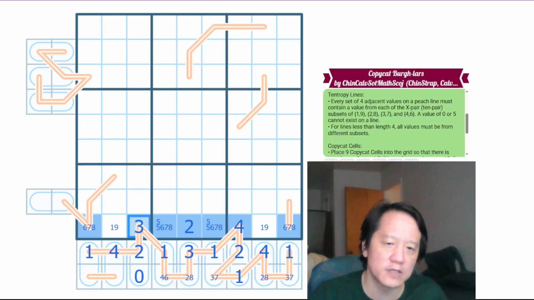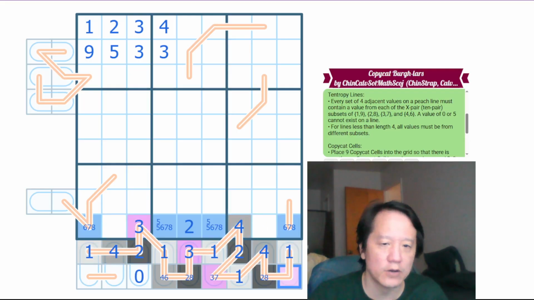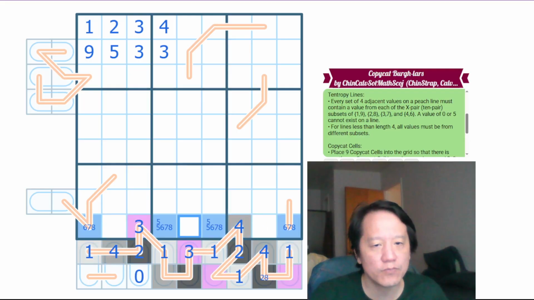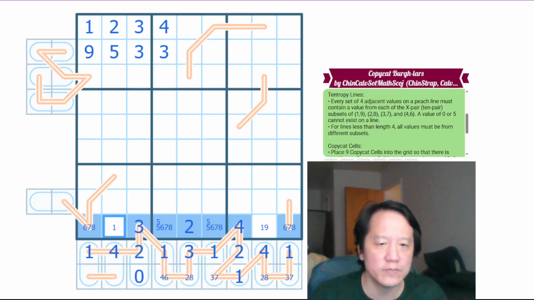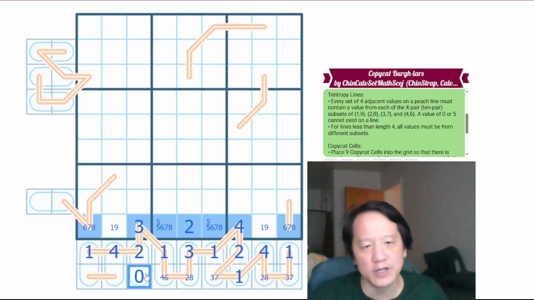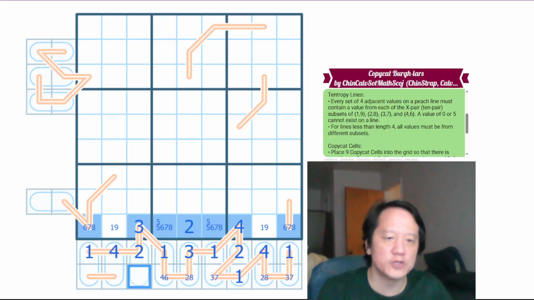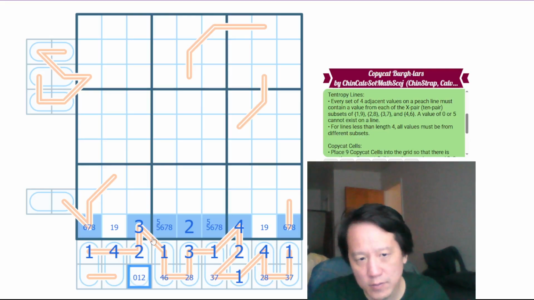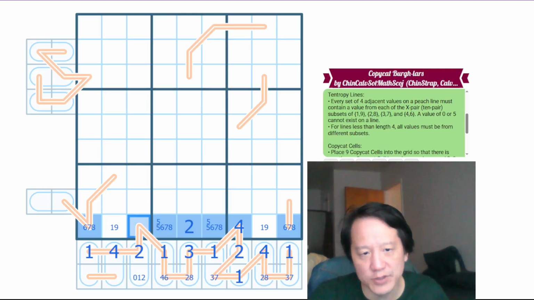Actually, is that the case? You could technically have 3, 9, and 9. Okay, hold up. No, this has to be, well... Okay, we don't know. So okay, this is not necessarily the case here. So this could be 0, 1, or 2 here. And this can be 3 or 4.